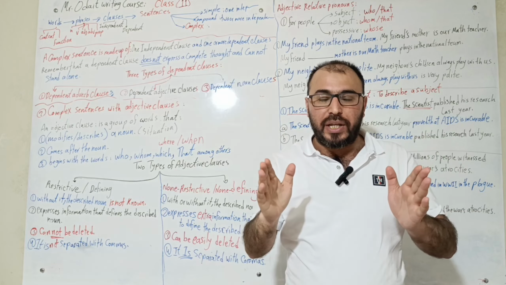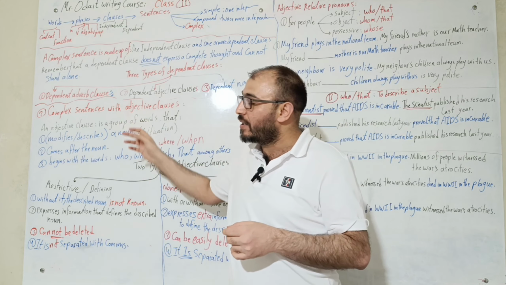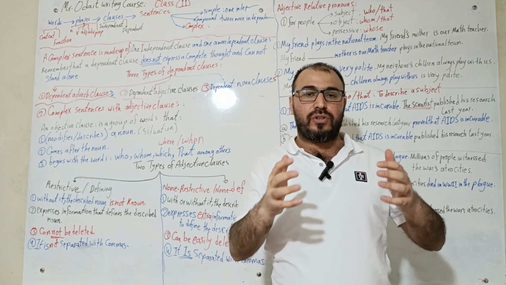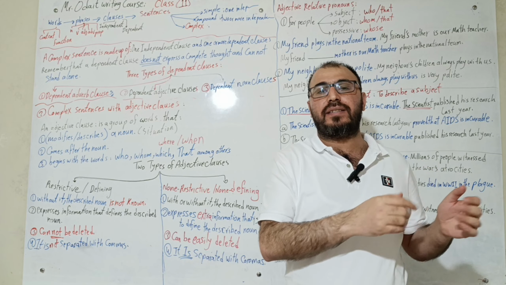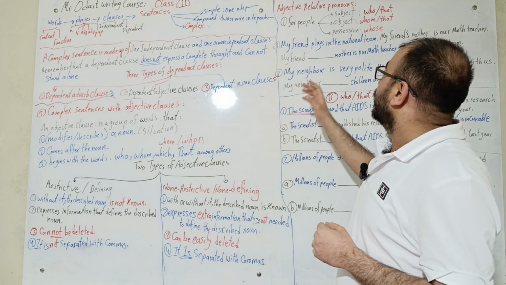Again, my friends, the main reason we use relative adjective clauses to make complex sentences is to merge two simple sentences into one complex sentence, of course, by transforming one independent clause into a dependent clause. Here, my friends, I have the two simple sentences.